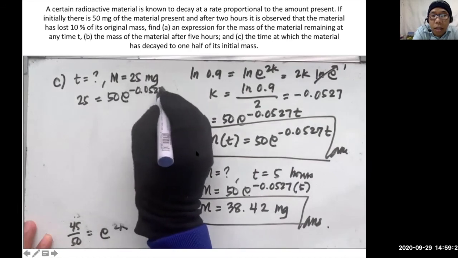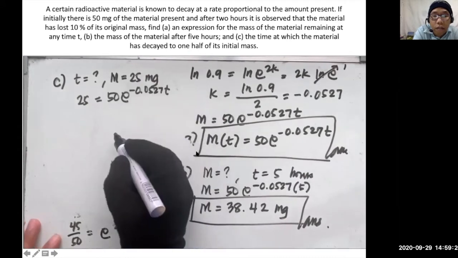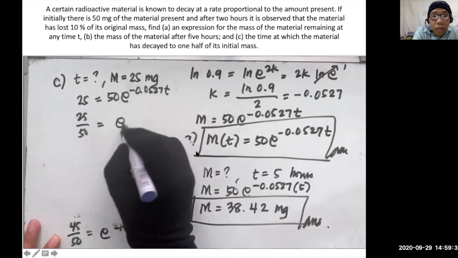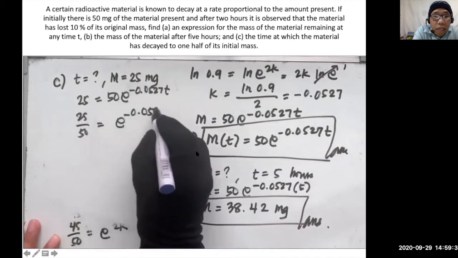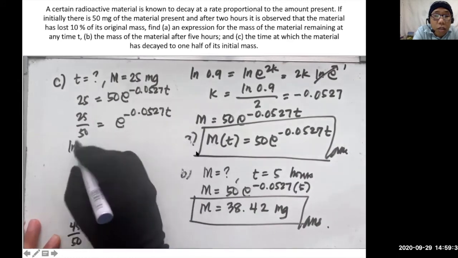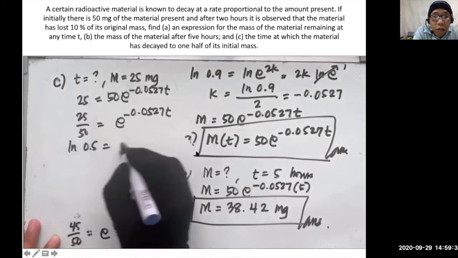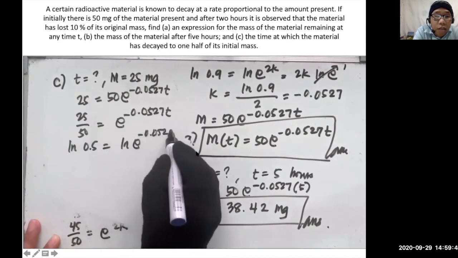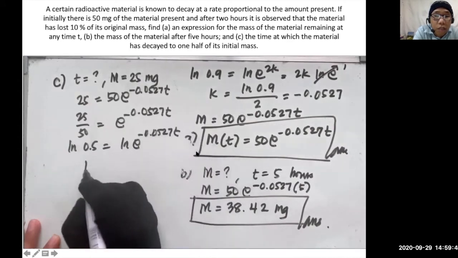You plug it in that solution. So we have 25 equals 50 times e raised to minus 0.0527t. Then we divide both sides by 50. So we have this resulting solution, and we take the ln of both sides of the equation. So ln of 25 over 50, or ln of 0.5, is equal to ln of e raised to minus 0.0527t.